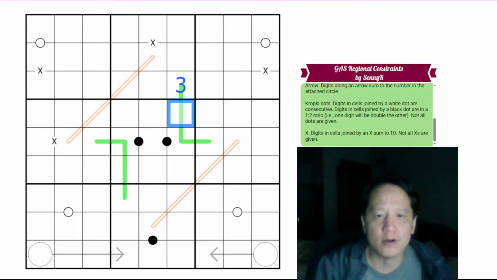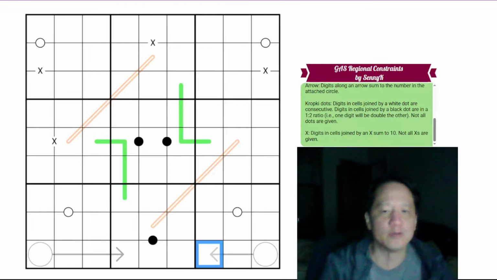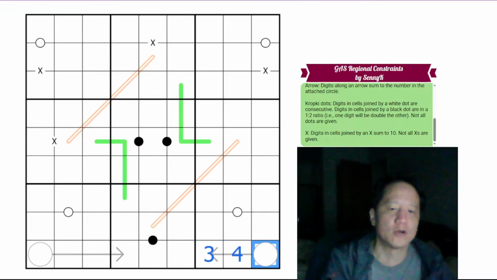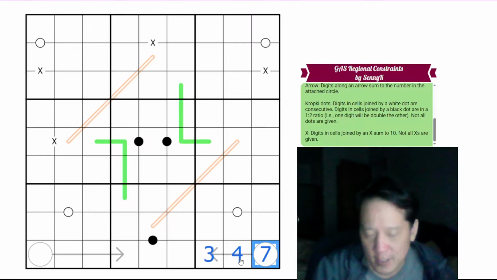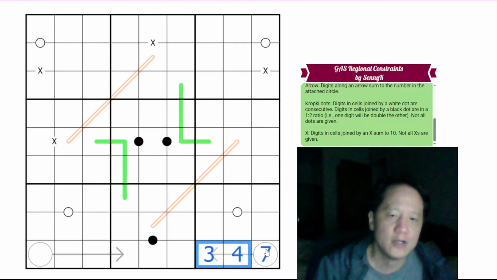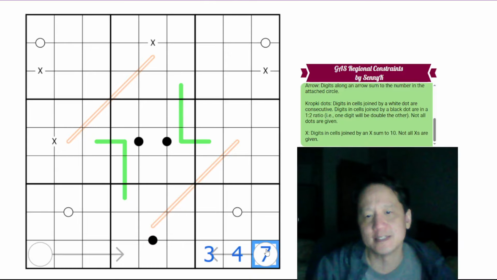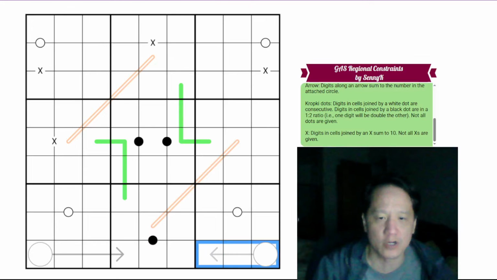We have arrow, where digits along an arrow sum to the number in the attached circle. So for example, if this were, say, 3 and 4, this would have to be 7, because the digits along the arrow must equal the digit that's in the attached circle. And that's an example of how arrows work.